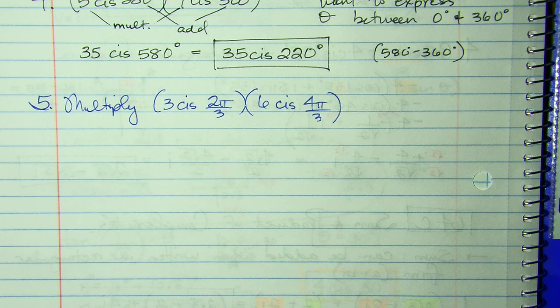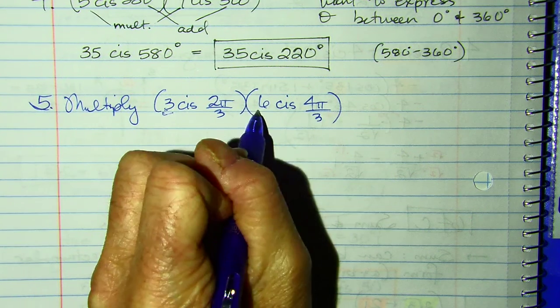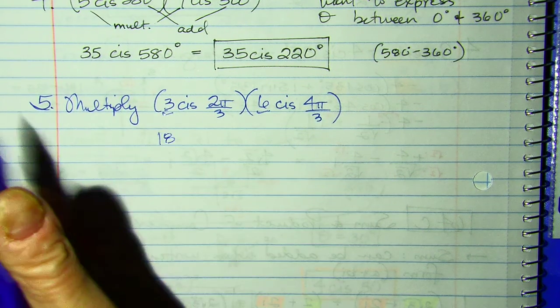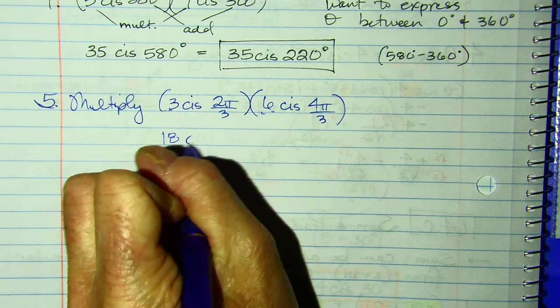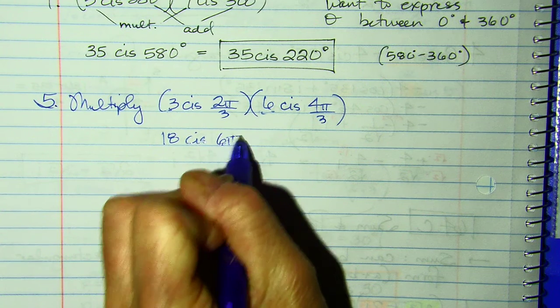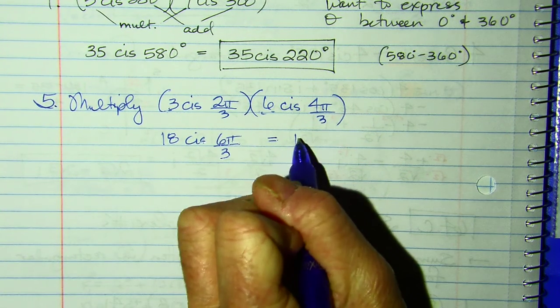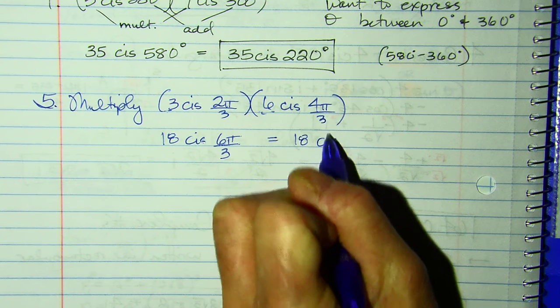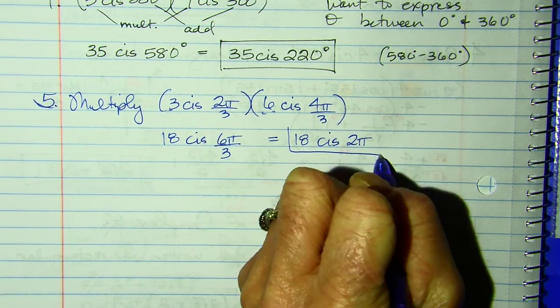They're probably going to already have a like denominator. So 3 times 6 gives me 18 cis. 2 pi plus 4 pi is 6 pi over 3. I'm going to simplify that because 6 is divisible by 3, so I get 2 pi. Or you can write that as 360.